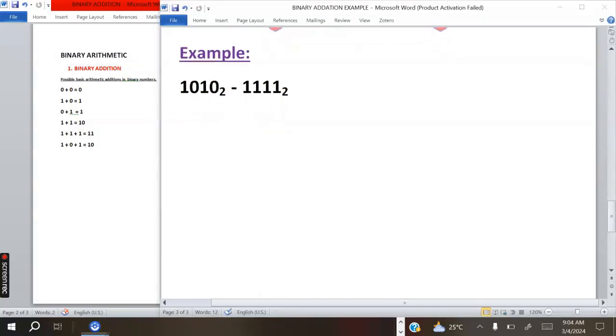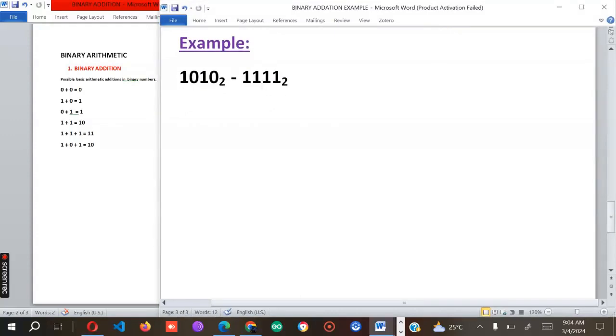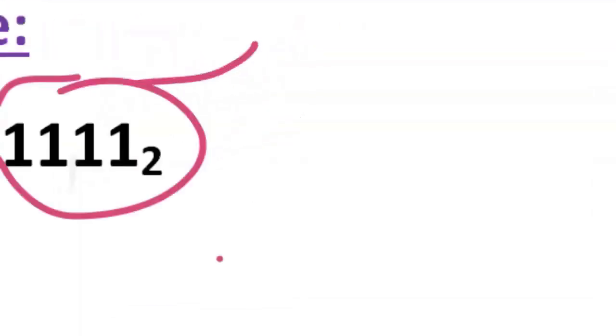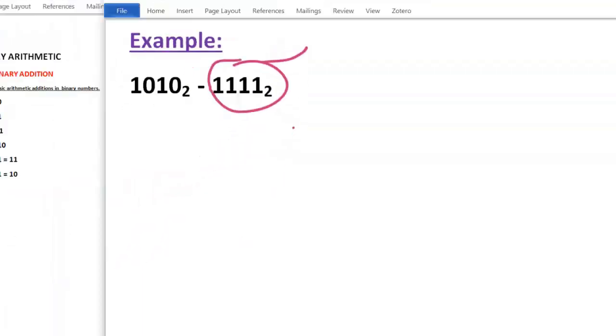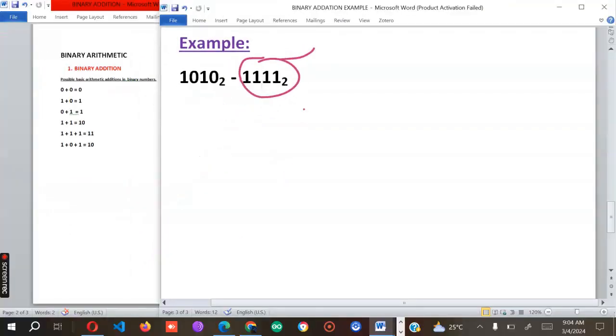You have to convert this one, and after you convert it, it will be equivalent to 00000.